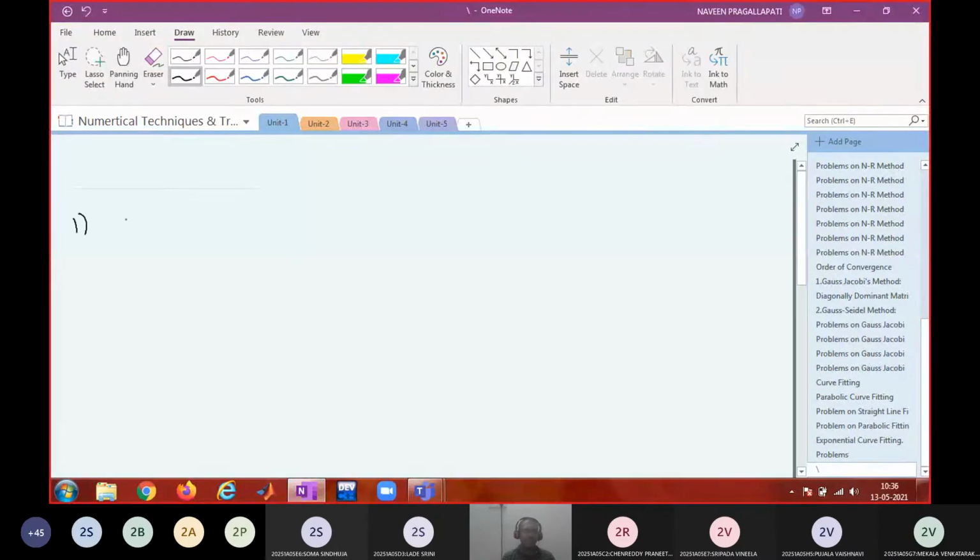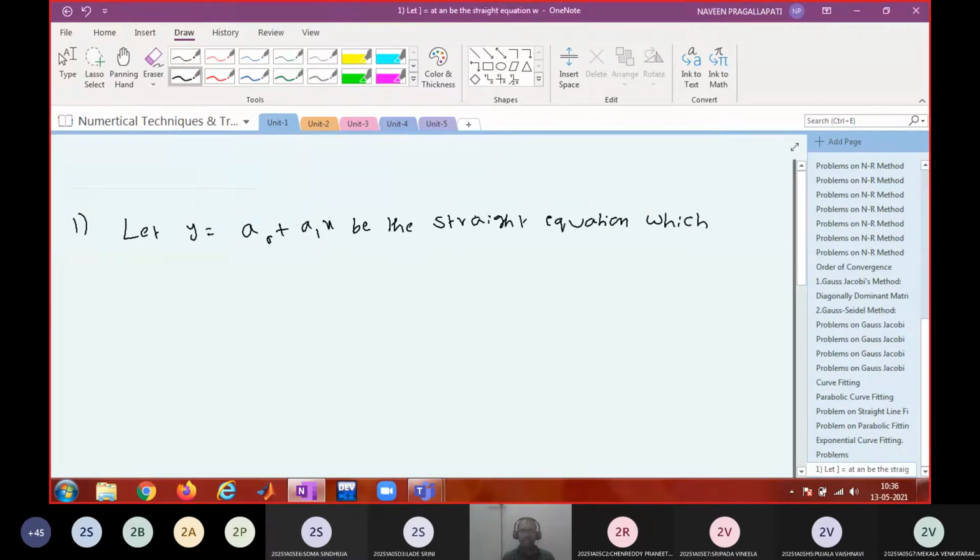So, assume that y equal to a plus bx, or a0 plus a1x, be the straight line equation which is best fit to the given data.